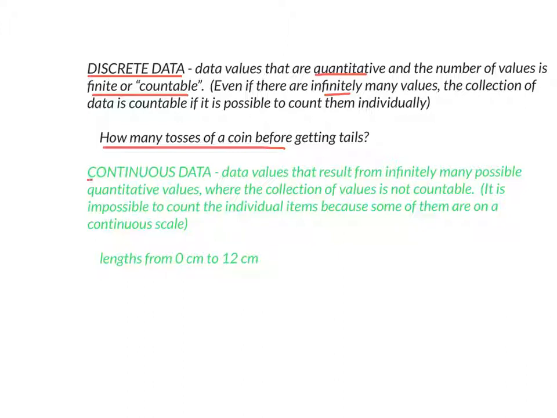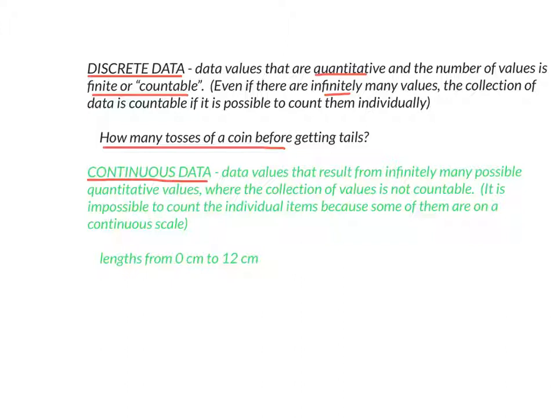Now, the other type is continuous. Continuous means data values that result from infinitely many possible values, where the collection of all the values is not countable. It's impossible to count the individual items because they are on a continuous scale.